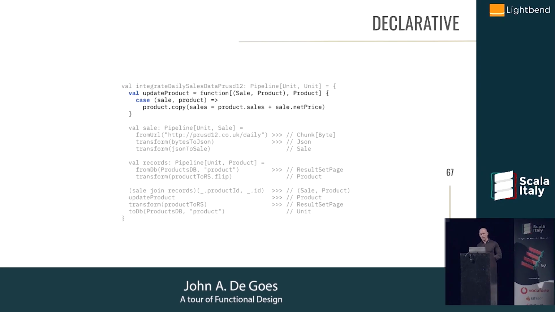We have this little helper function that can update a product given a new sale price. I just factored that out because I want the following code to be really clean. It's just a little helper function that updates a product with a given sale number derived from the URL.